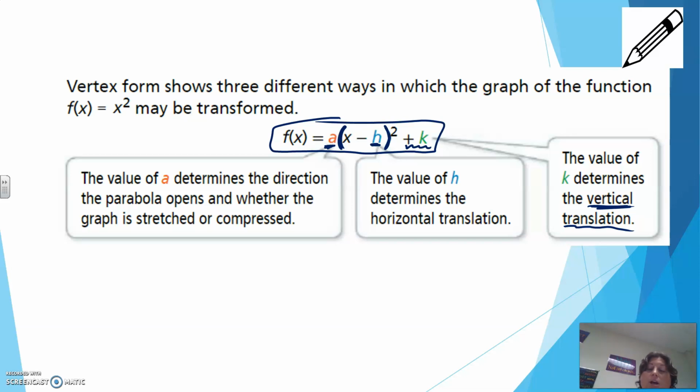If a is bigger than 1, it's going to stretch it vertically. If it's between 0 and 1, it's going to shrink it vertically. But if it's negative, it's going to reflect it over the x-axis, which means it's going to flip it upside down.